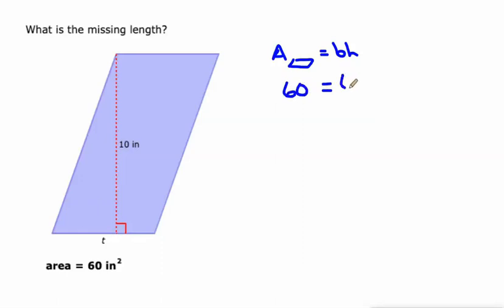Our base is an unknown value named t, and our height is 10. So all we have to do is divide both sides by 10. 60 divided by 10 is 6. And we'll know that that missing dimension is 6 inches. So t is 6 inches.